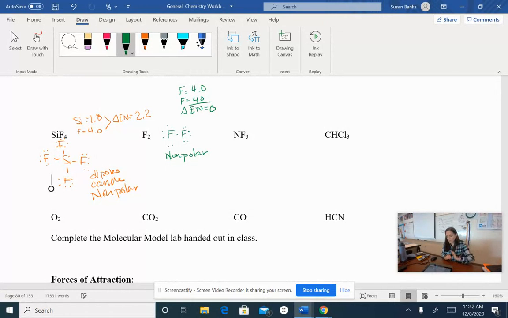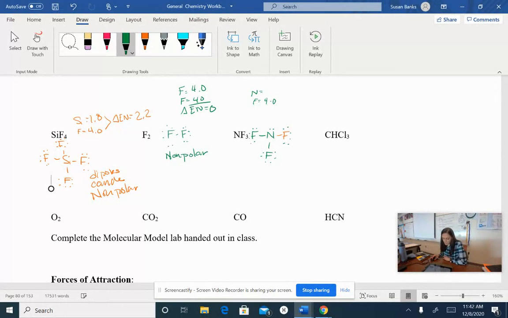Okay, let's look at nitrogen trifluoride right here. Okay, this is my Lewis structure here. We're going to look up nitrogen, and we're going to look up fluorine. We've already looked up fluorine.